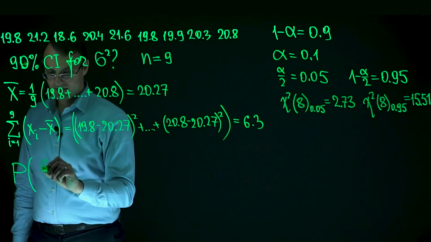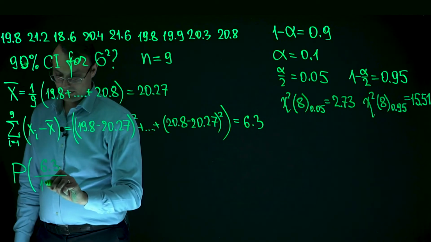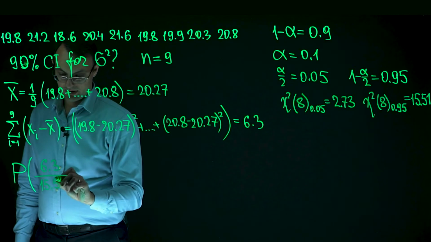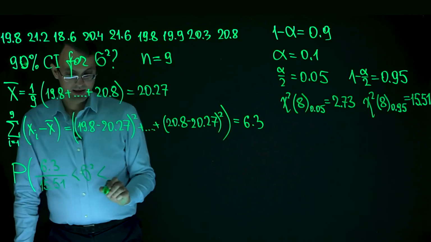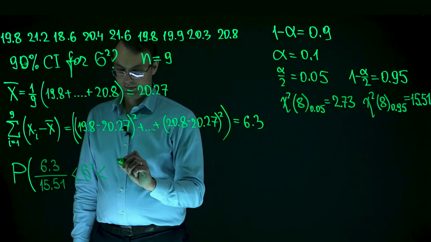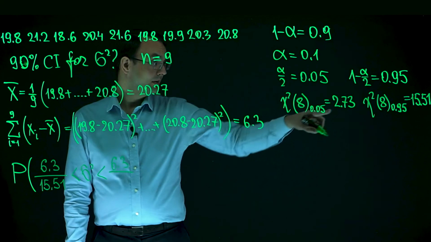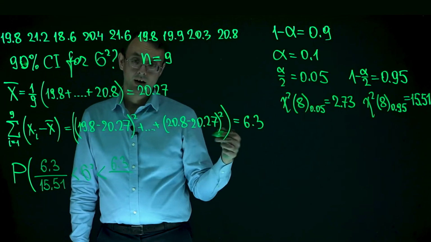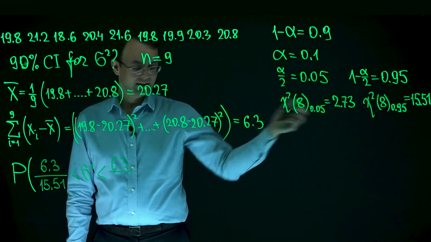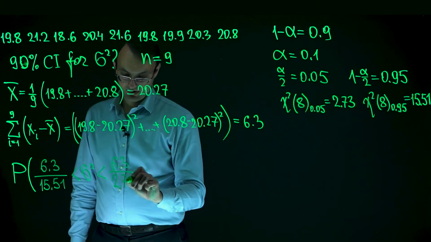So I divide 6.3 by 15.51. And the right endpoint is the sum of squared differences divided by the lower quantile, so by 2.73.